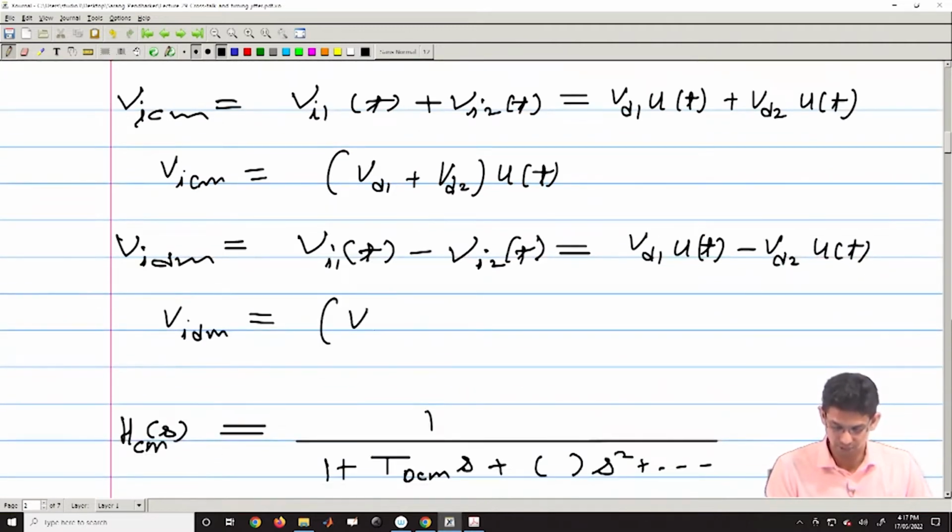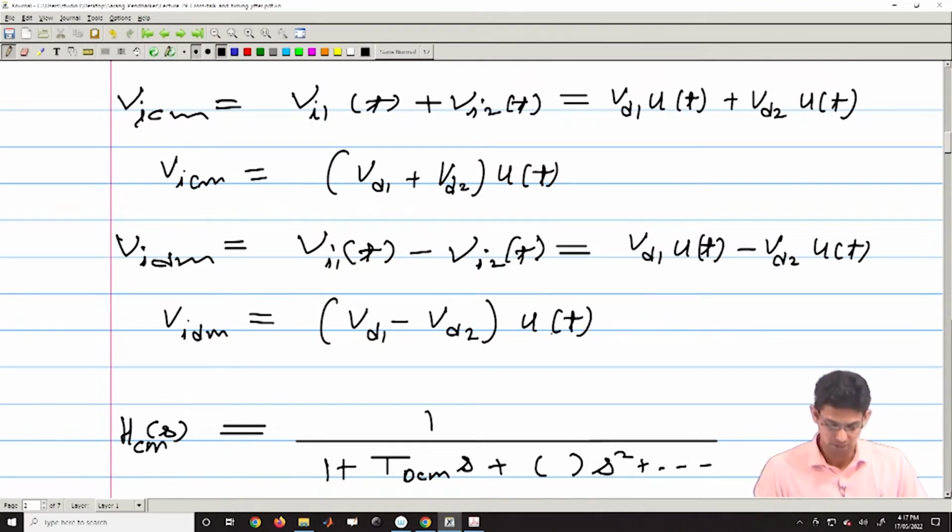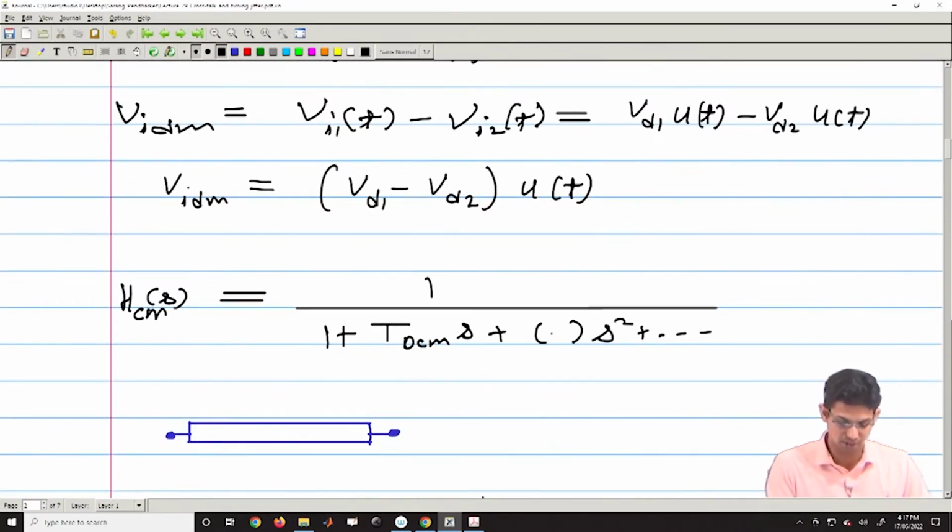So, the differential mode I can write as Vd1 minus Vd2 into u(t).